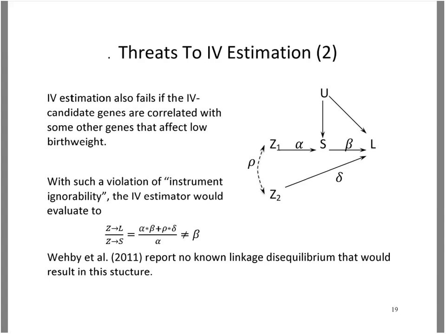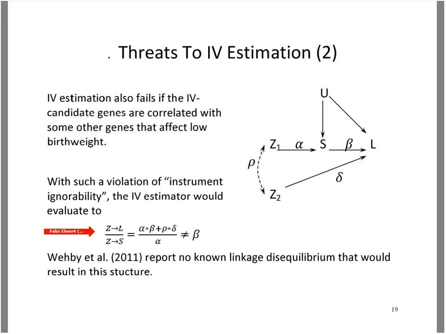So it could be that our candidate gene Z1 is associated with some other genes Z2 that we don't control for, and hence we would now have a non-causal association between Z1 and L that goes through an open path, a mechanism, other than S. This is known as a violation of instrument ignorability, and again, the IV estimator would evaluate to something that does not equal the desired causal effect of S on L, beta.